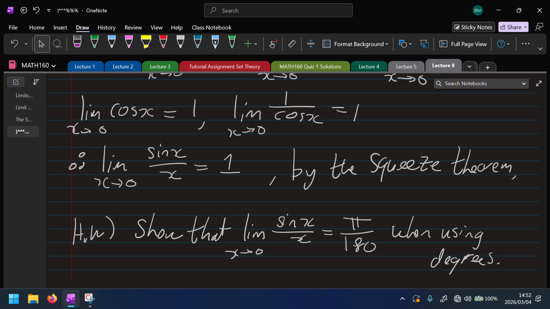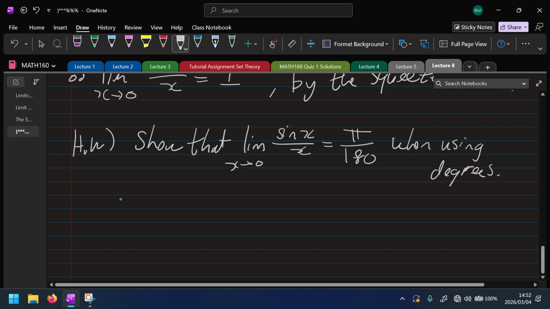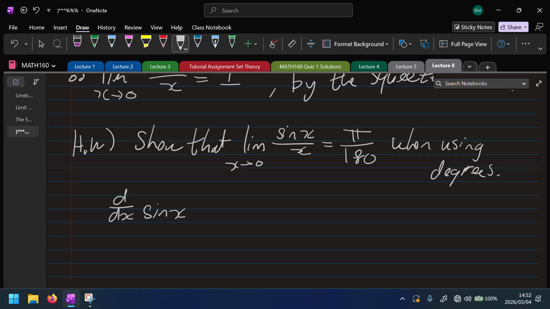Okay, now you might ask, what's the difference between using degrees and radians? We don't see it now, but we will see it next week when we do derivatives. So when we do derivatives, we'll see the following, that the derivative of sine x is cos x. That's very nice. Okay, very nice equation.